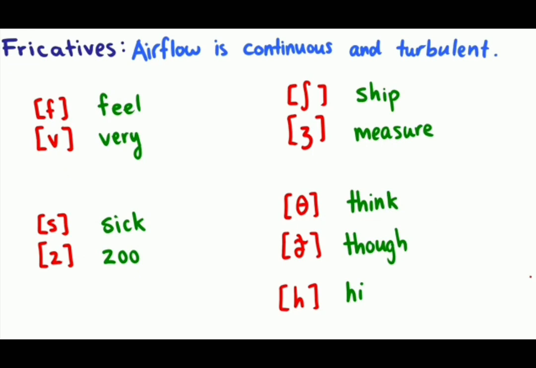Now, fricatives aren't stops, so airflow is continuous but it's turbulent. So, for instance, in "will" and "very," air can get out of your mouth continuously, but it's very, very tight. There's a very small space where air can go.